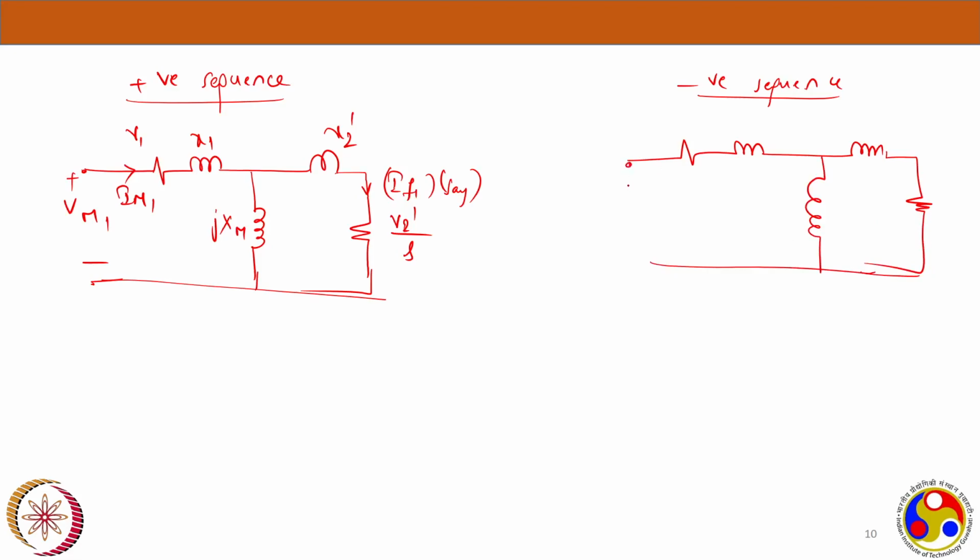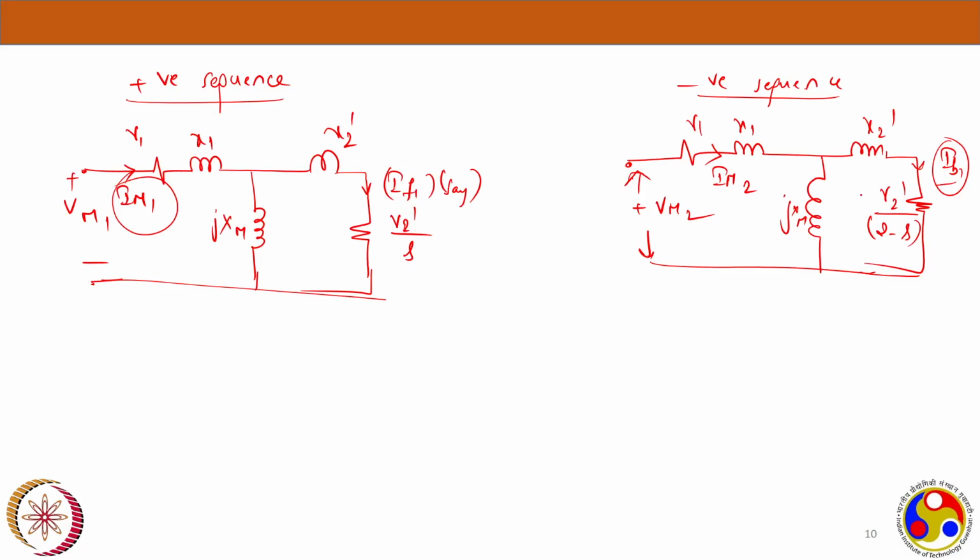The supply here would be VM2, R1, X1, X2 dash, R2 dash by, here the slip is not S, it is 2 minus S, right? It is jXM, and here I am flowing current IM2, the negative sequence current, and let's say the current flowing through here is IB1, the backward current.